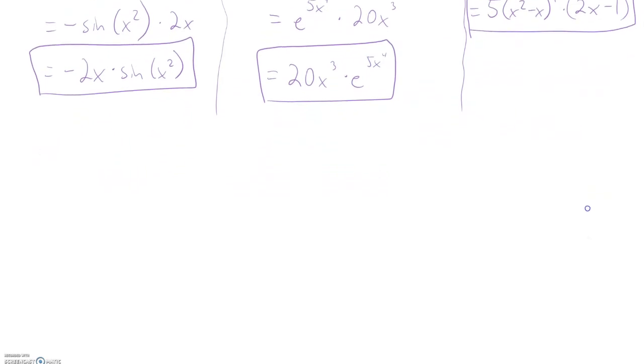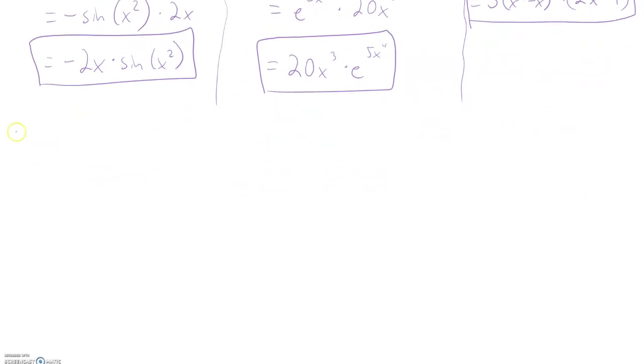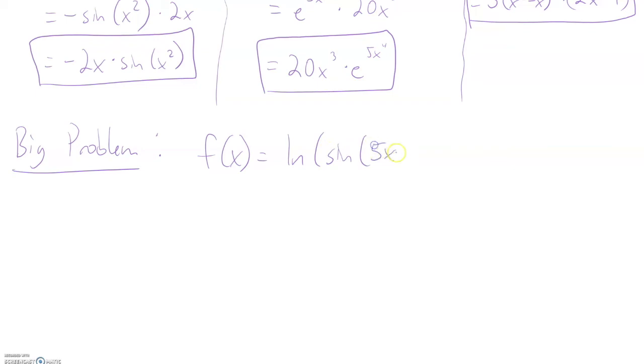So let's finish up with one last big problem to show you how far we can stretch the chain rule. Now let's look at this function. f of x equals natural log of sine of 5x. And one more time, I'm going to write out how I read that.